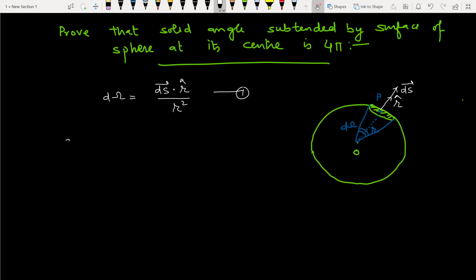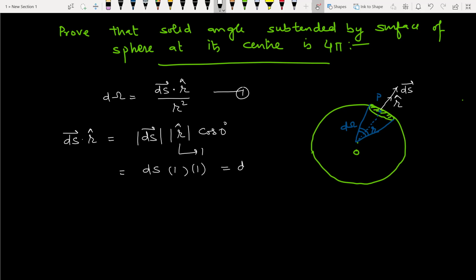As the angle between ds vector and r cap is 0 degree, so it is ds, r cap, its magnitude is 1 because it is a unit vector, both are in the same direction, so it is 1 into 1, it is ds. So from 1 and 2, d omega comes out to be ds divided by r square. So this is equation number 3.